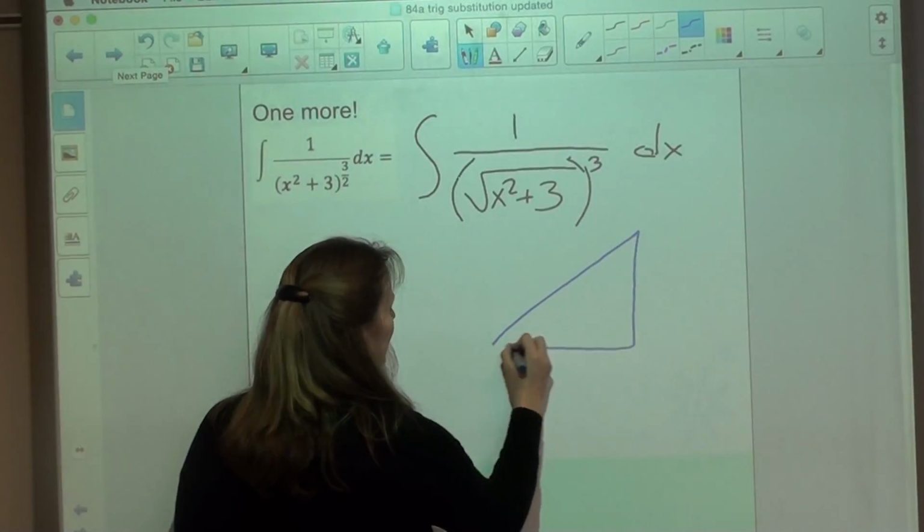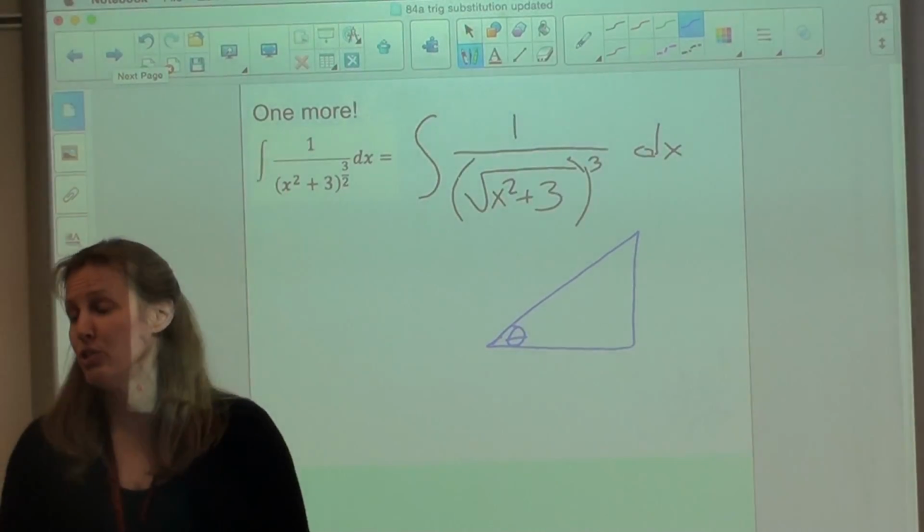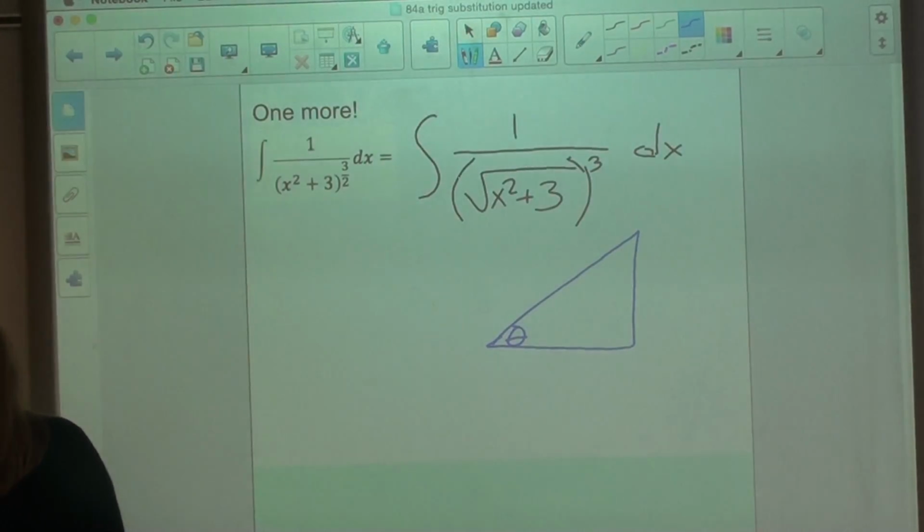Are we finding in general, and I honestly don't know because I haven't done enough of this, is it easier to have the number on the bottom or the x on the bottom? It depends. Number on the bottom.